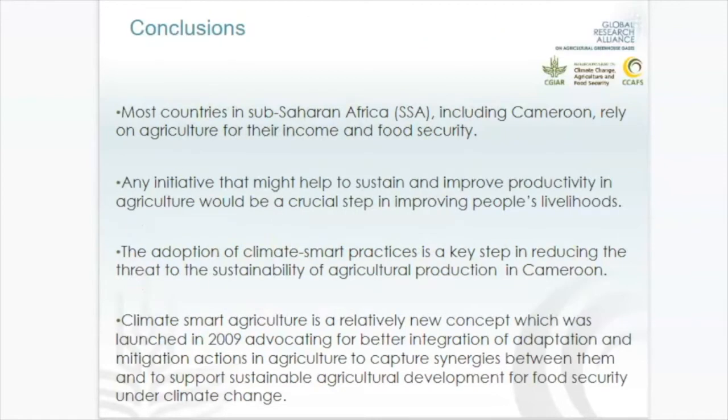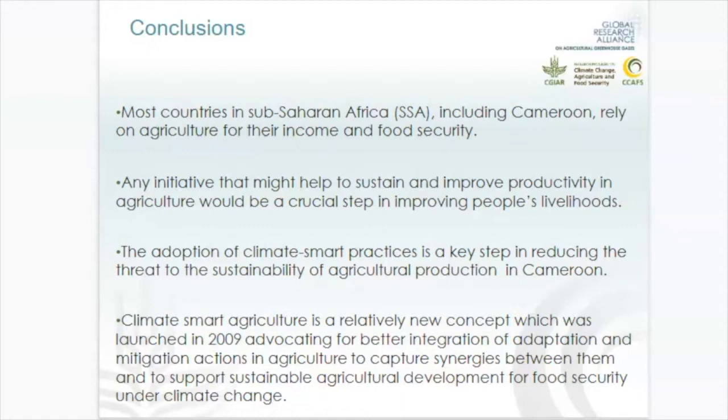Now, most of the countries in Sub-Saharan Africa, including Cameroon, rely on agriculture for their income and food security. And any initiative that might help to sustain and improve productivity in agriculture would be a crucial step in improving people's livelihoods. Thus, adoption of these practices is a key step in reducing the threat to the sustainability of agricultural production in Cameroon.